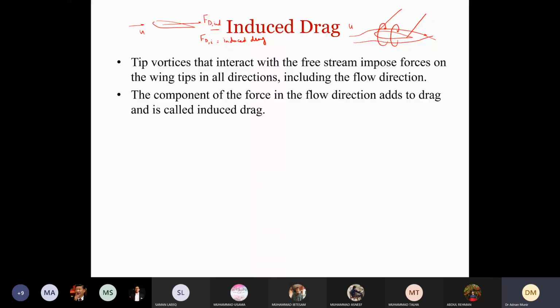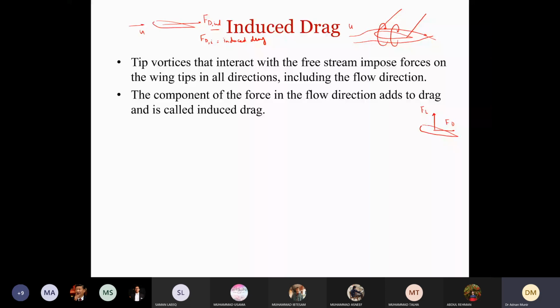We discussed that the shape of an aerofoil is such that it is capable of generating more lift as compared to drag, right? This is because of the shape of the aerofoil. Different shapes of aerofoils will be capable of generating different lift and drag characteristics.